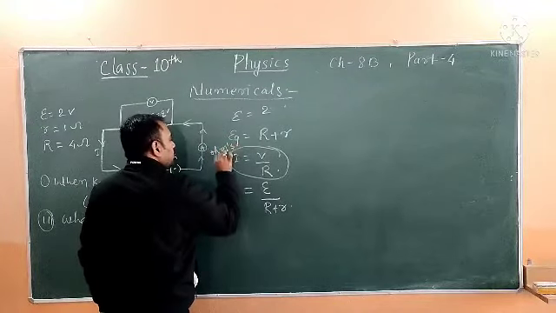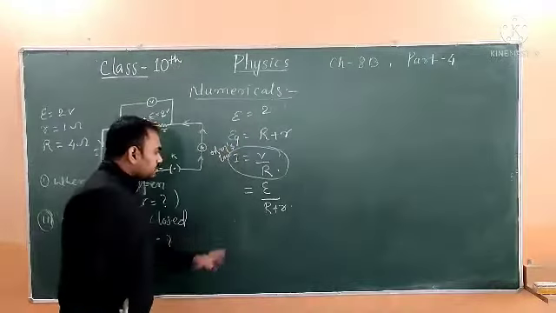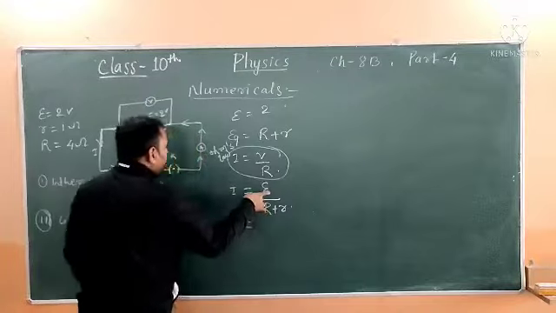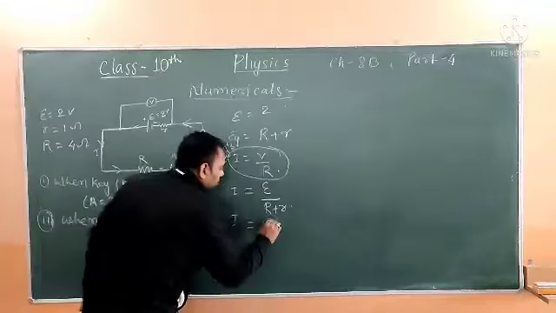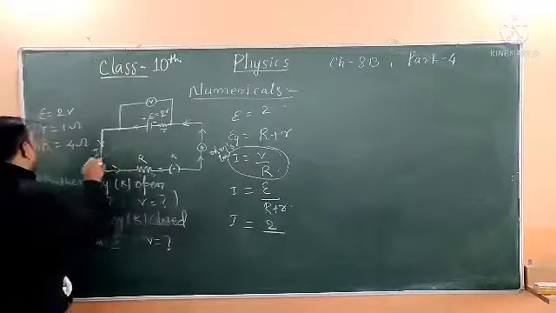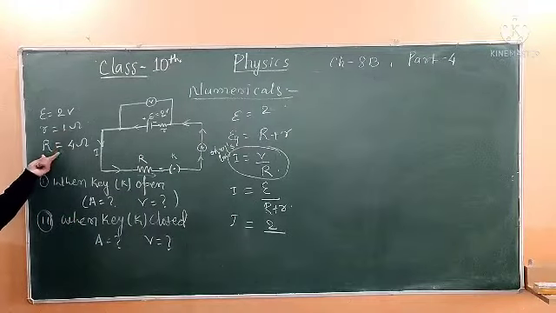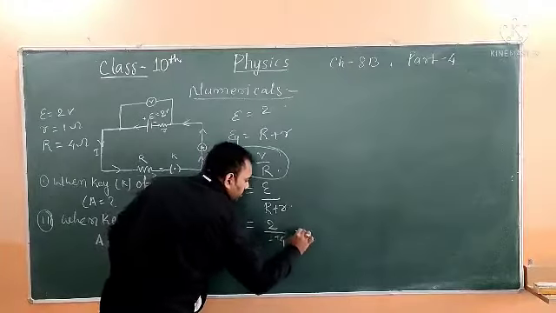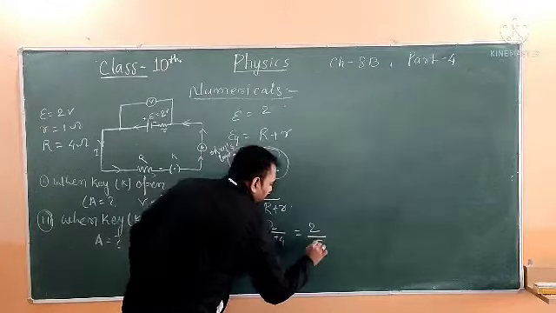So I will be equal to E, the value of E is 2 volt, upon R plus r. The small r is given 1, capital R is given 4. So 1 plus 4, that is 2 upon 5.